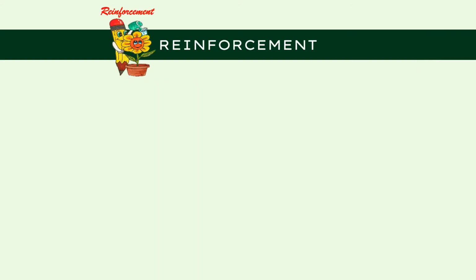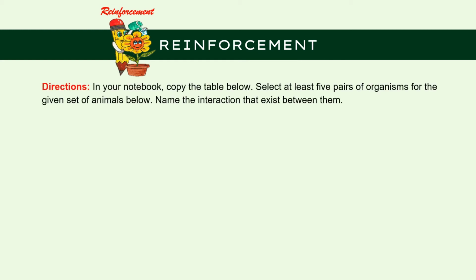To strengthen the information acquired from this lesson, try to perform the next activity. Directions. In your notebook, copy the table below. Select at least 5 pairs of organisms from the given set of animals below.